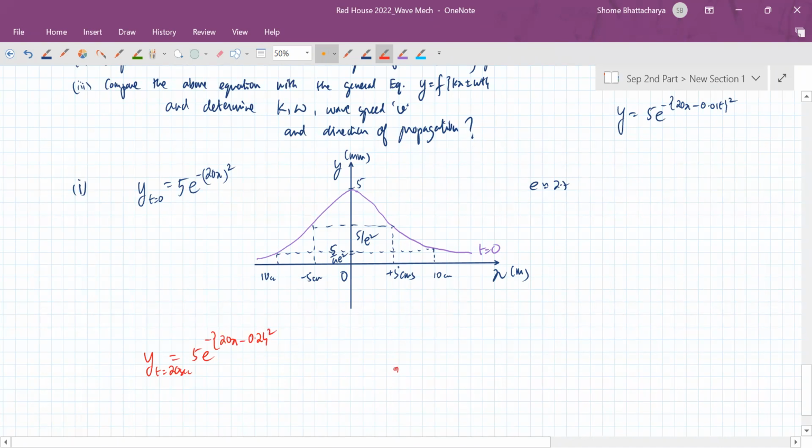The peak shifts to the point 0.01 meters or 1 centimeter. At x equal to this value, the argument of the function becomes 0, so y becomes plus 5. So the whole graph has shifted something like this, let's say.